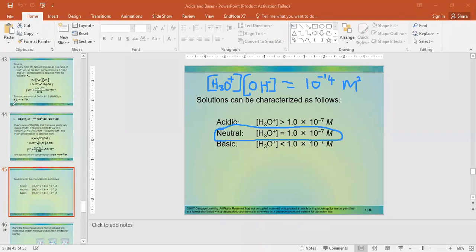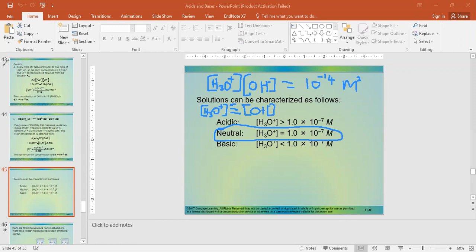For a neutral solution, these two are equal. The hydronium ion, this one, is exactly equal to the hydroxyl ion.